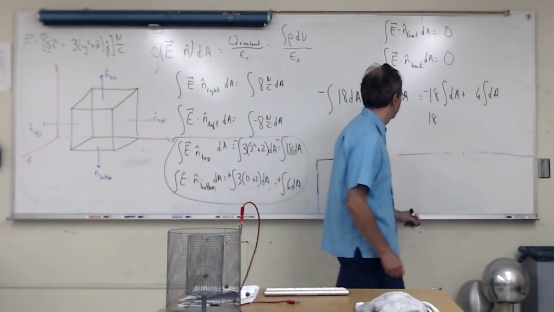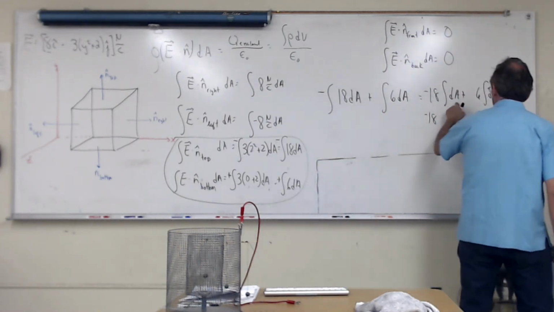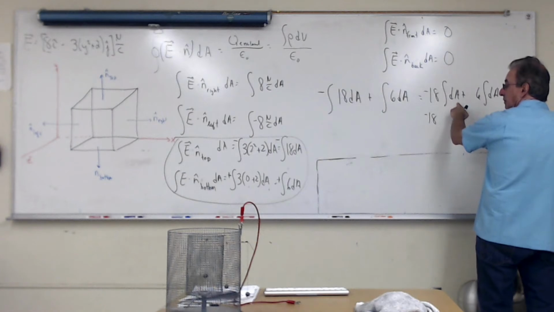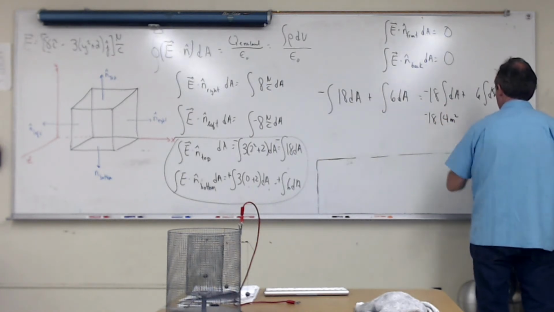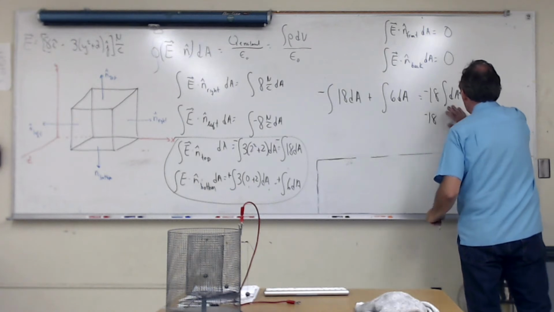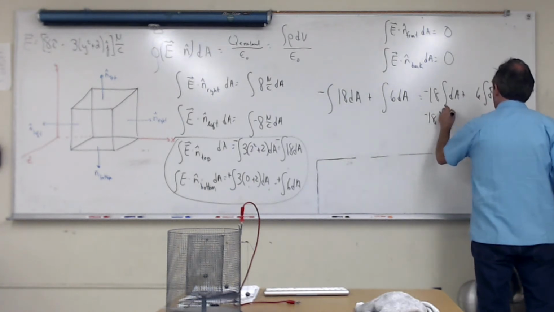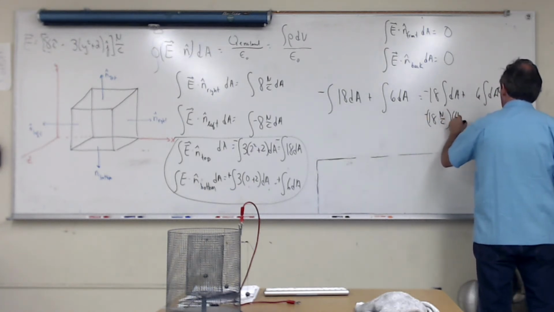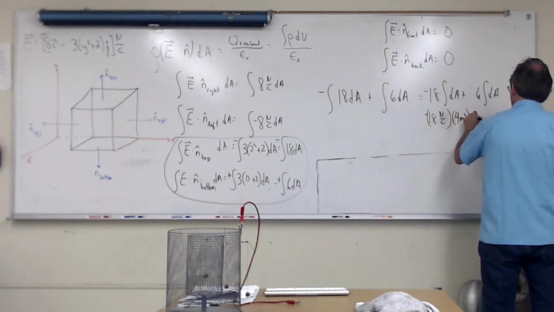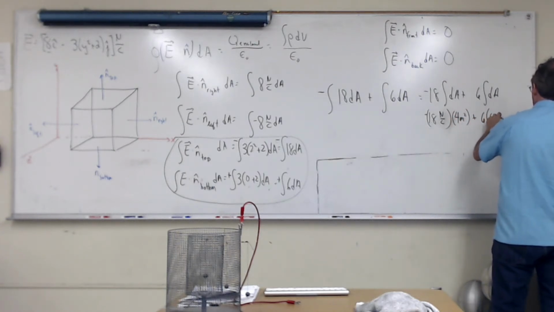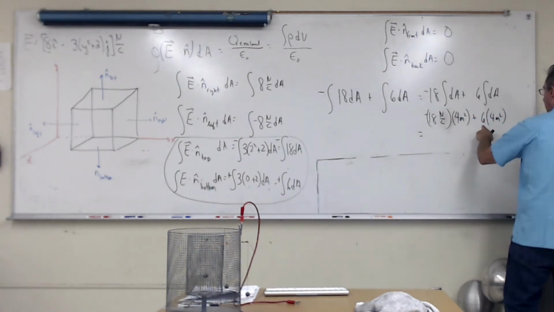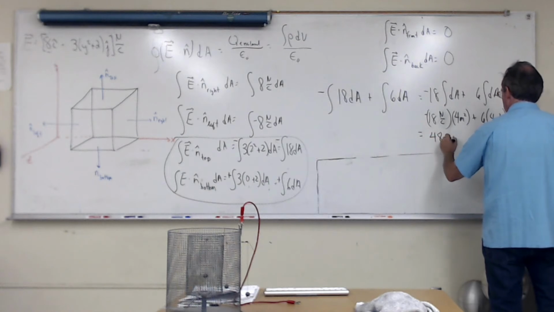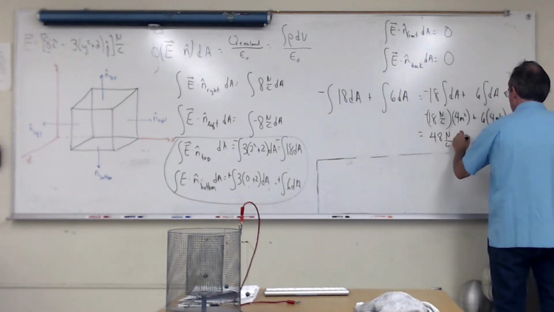Okay. The surface area of that one side of the box is 4. I'm sorry, I didn't write the units in. Minus 72 plus 24 is minus 48 newtons per coulomb meter squared.